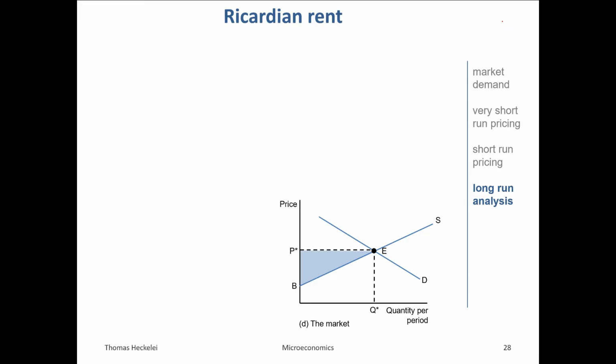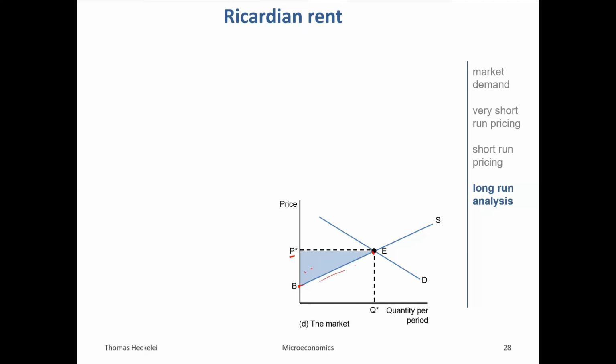It's a simple graph that we must have seen also in our introductory microeconomics course. This colored area below the market price and above the point where firms produce nothing, up to the equilibrium quantity, this triangle is known as producer surplus. That's actually the area above the supply curve.